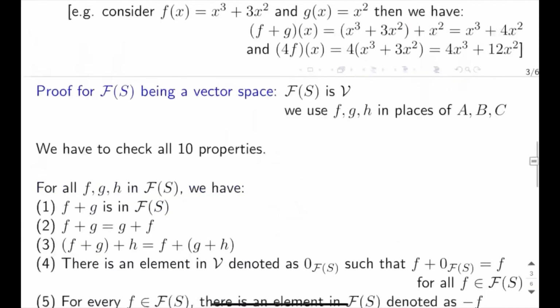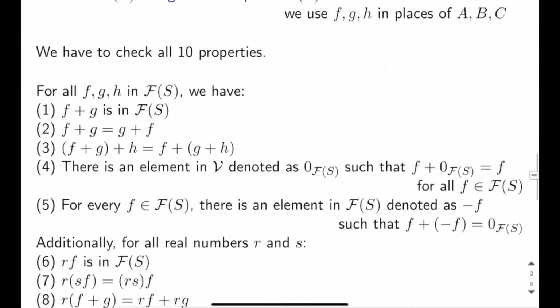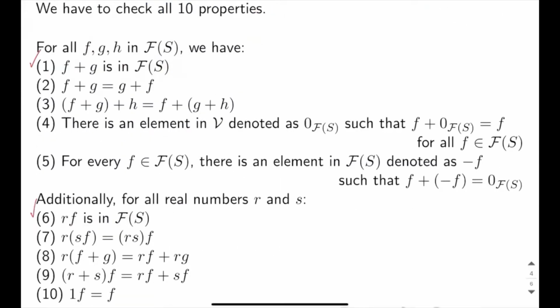Next, I'm going to discuss the proof of the other properties. We'll have to double check if f plus g equals g plus f, the commutative property, the associative property, the existence of the zero element in the set of real valued functions, which is going to be called the zero function, and the existence of the negative element of any element f in the collection of real valued functions.